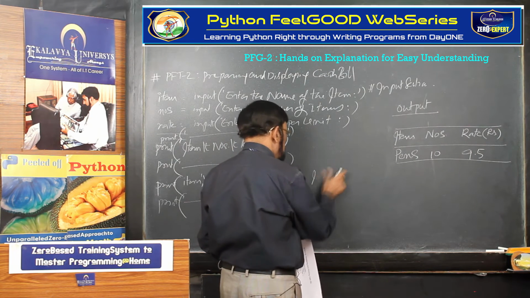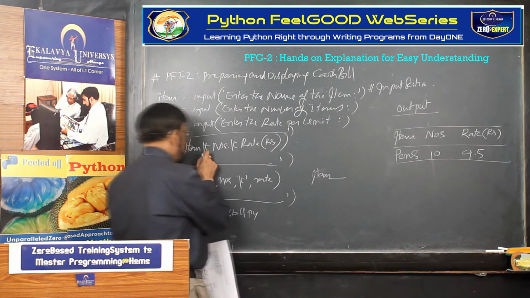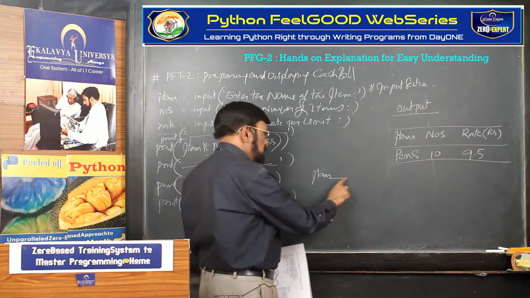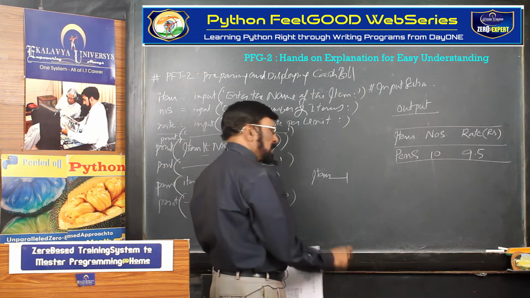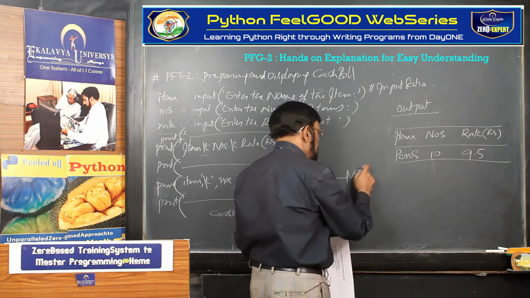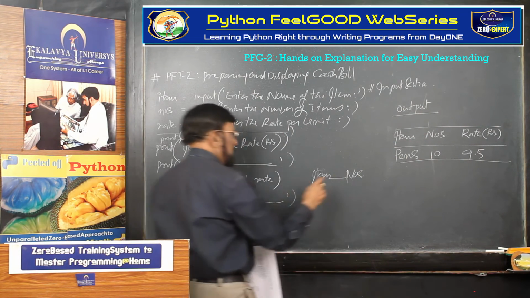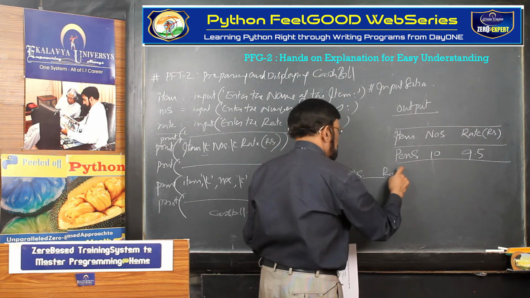Now, first item is printed. Then automatically, wherever you write, it moves the cursor up to the next tab zone. What is tab zone and all, later I explain contextually. Thereafter, numbers are written. Again, horizontal tab is there. Then it moves the cursor.